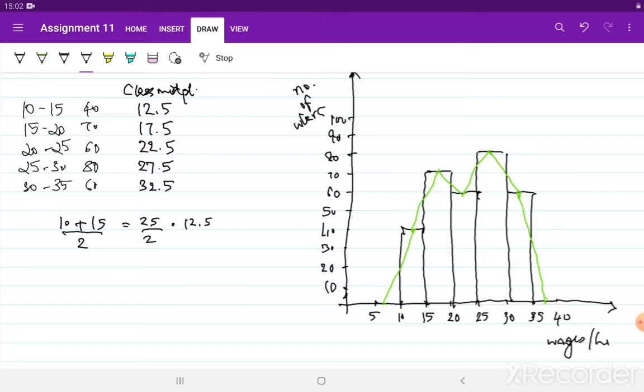So if the histogram is not meant to be plotted and you just want to directly get the frequency polygon, locate 12.5 on the x-axis and mark 40 on the y-axis.